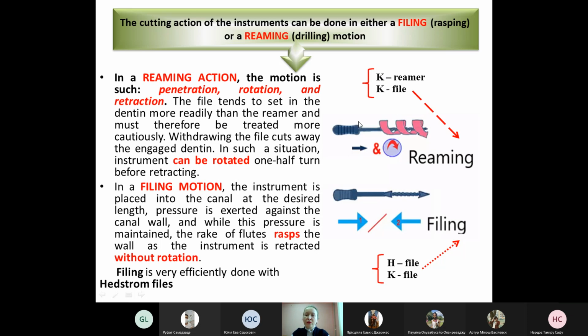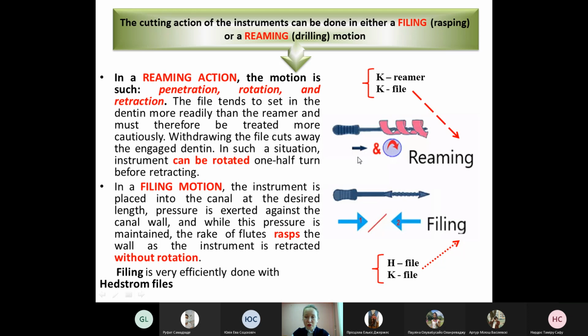So if it goes about reaming action for a file, it is necessary to be careful, because K-file catches dentine more easily than reamer due to its tight spiral. Withdrawing the file cuts away the engaged dentine. In such a situation, the instrument can be rotated 1/2 turn before retracting. Here you have penetration, 1/2 rotation, and retraction.